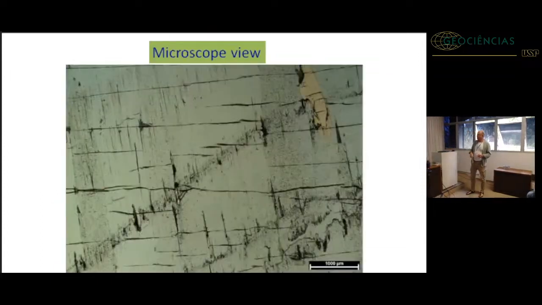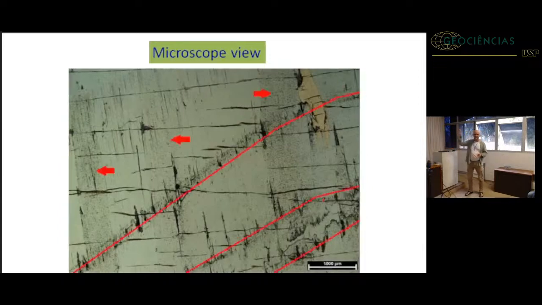This is my own not so nice picture of what fluid inclusions look like. This is a thin section picture, and you see quite an interesting pattern. You see these lines, which are growth lines, and the fluid inclusions tend to group on those. But if you look in a little more detail, you see these verticals where the arrows are. There are vertical bands there, which essentially are the crystals.